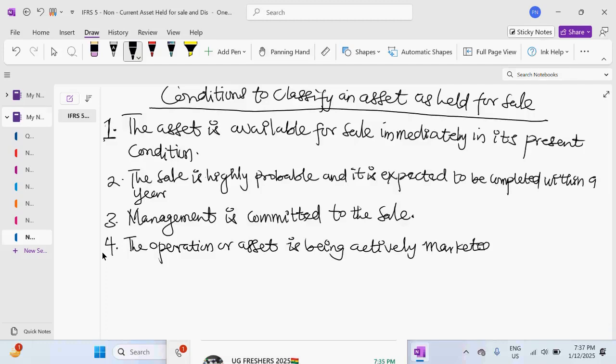They are doing a lot of adverts. They are advertising the product. So we see that they really want to make their sale. So the operation or the asset is being actively marketed.